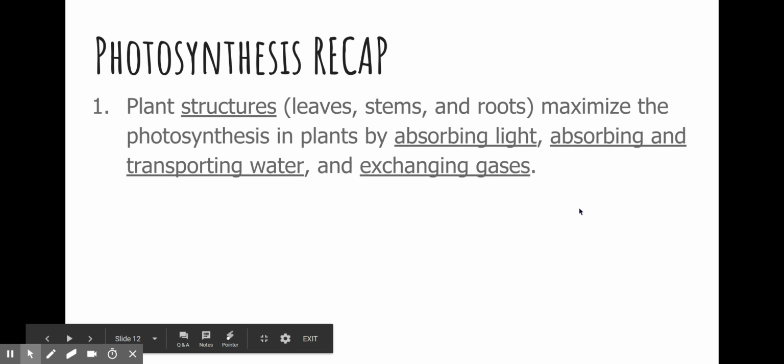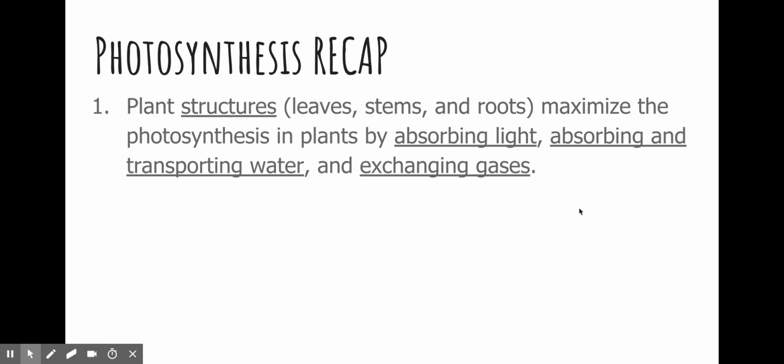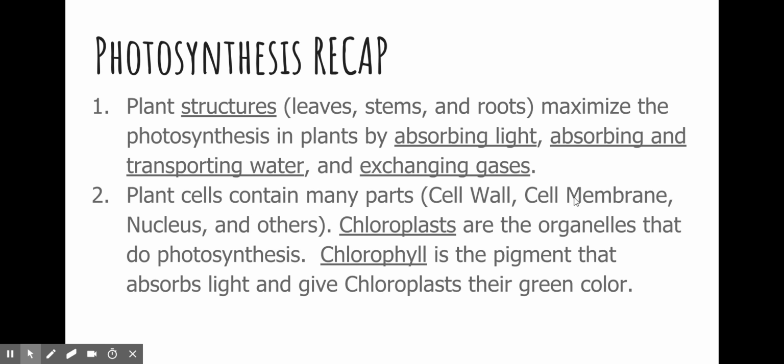So to recap, plants have structures like leaves, and stems, and roots that maximize photosynthesis by absorbing light, absorbing and transporting water, and exchanging gases. These plant cells inside of plants actually do the photosynthesis.